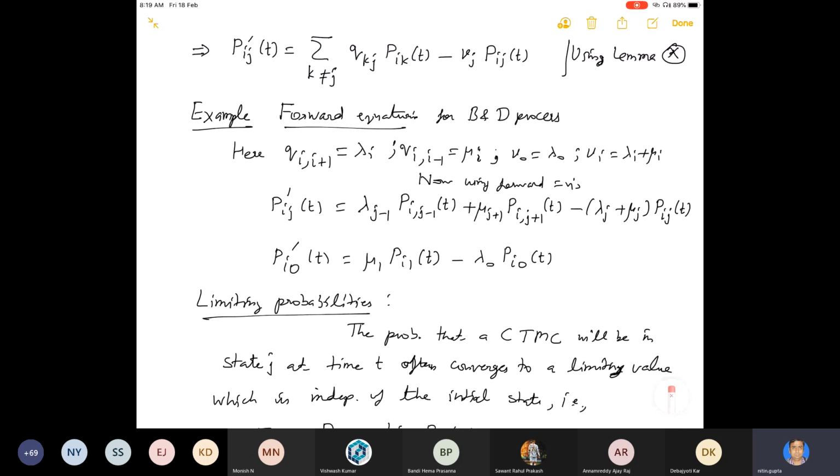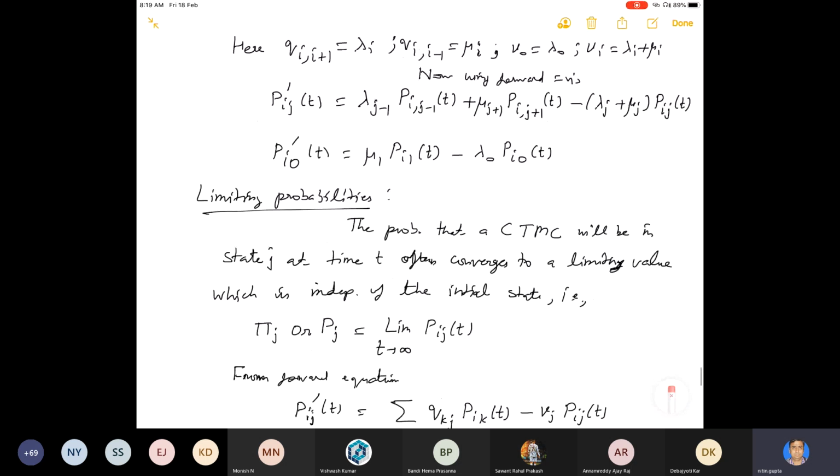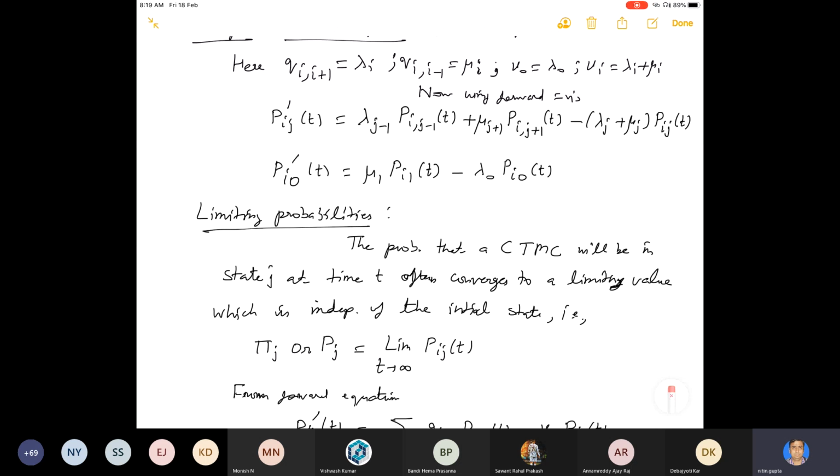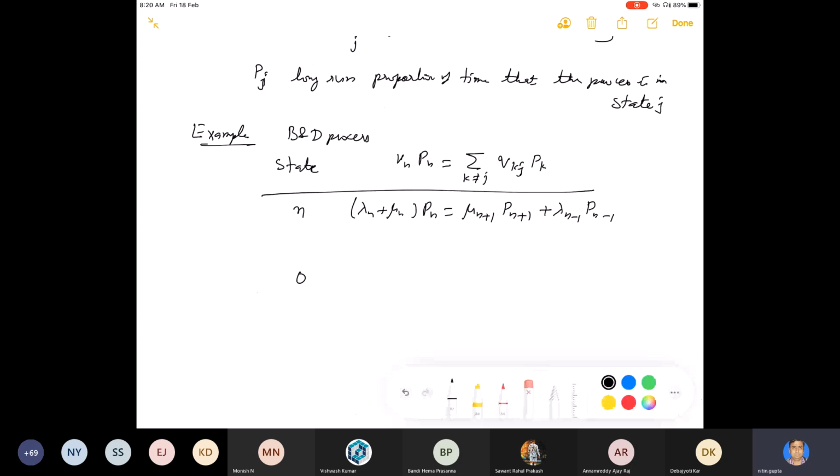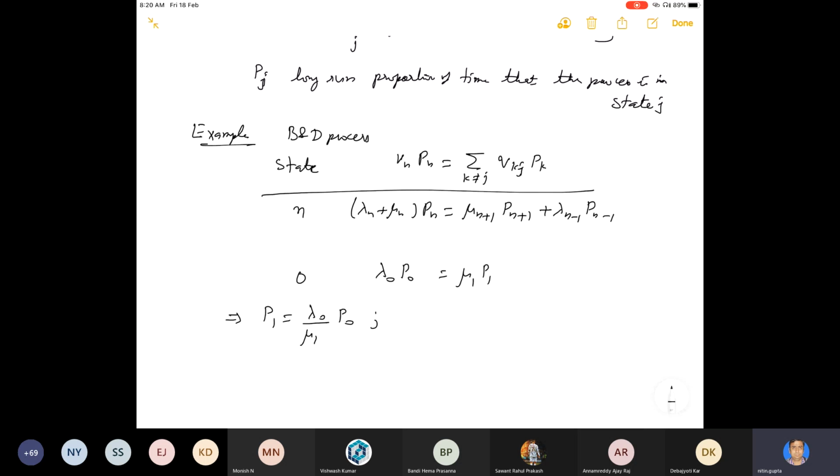Also, from the second equation, from state 0, we get lambda naught P naught is equal to mu 1 P1. Therefore P1 is lambda naught upon mu 1 times P naught.